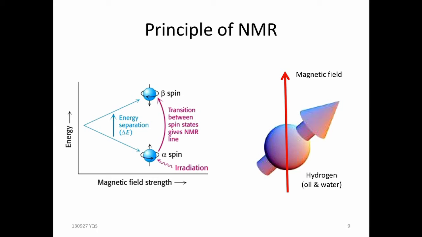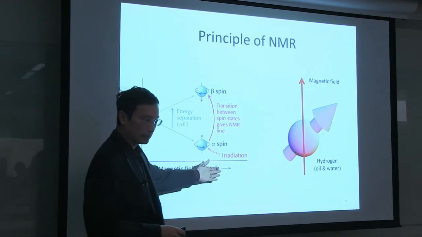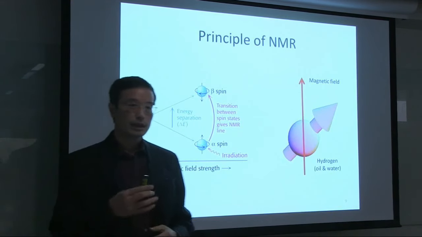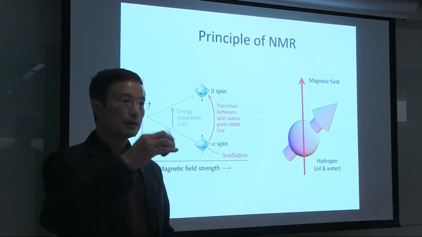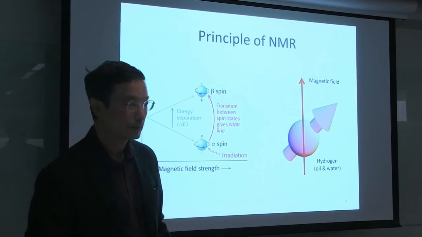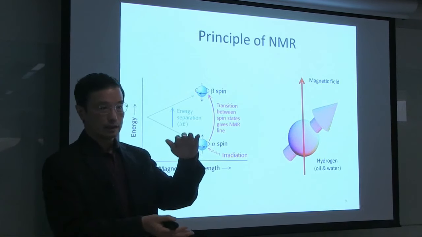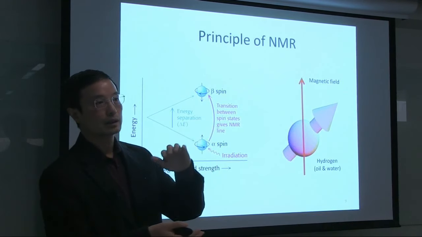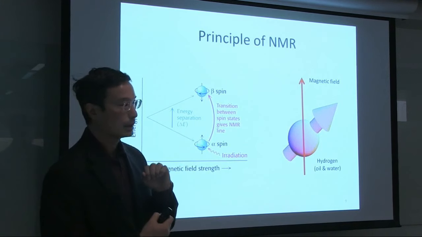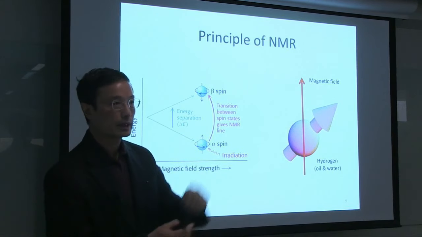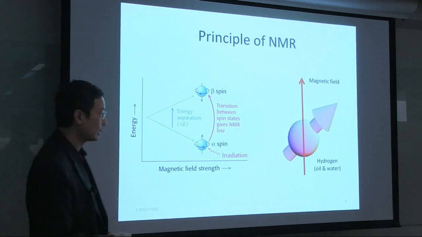When nuclei are under some magnetic field, if they have a spin, then the spin up and spin down relative to the magnetic field will have different energy, and these different energies define a two-level system, and they will absorb EM waves or radiate EM waves. That's the signal that we see.